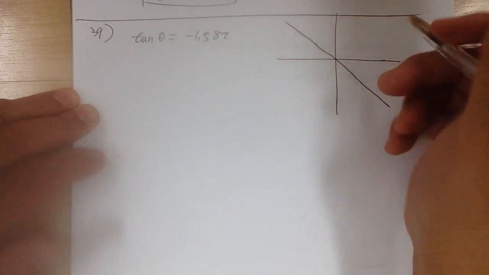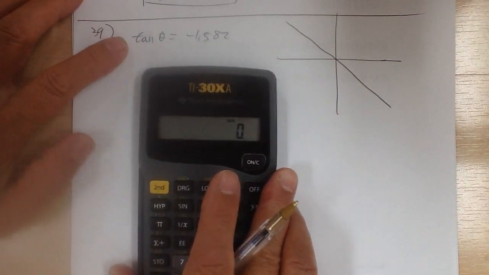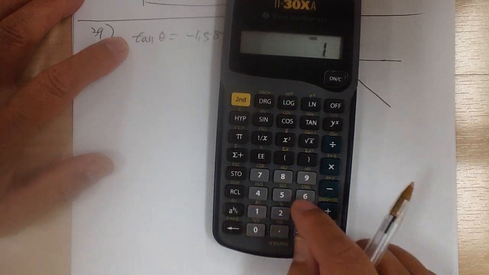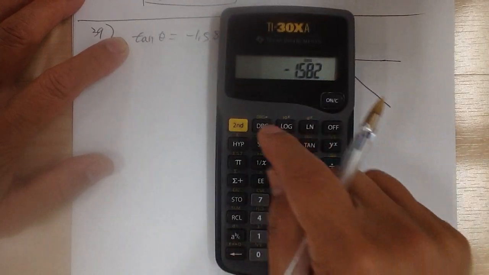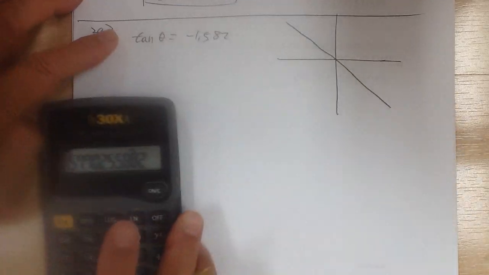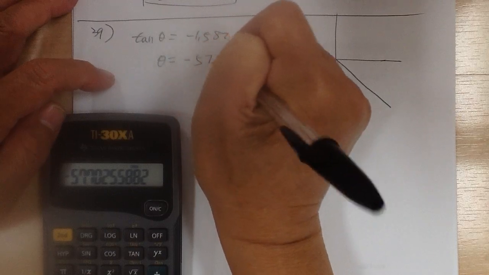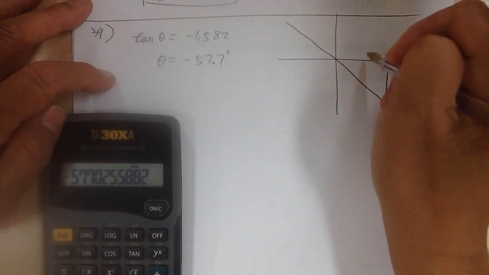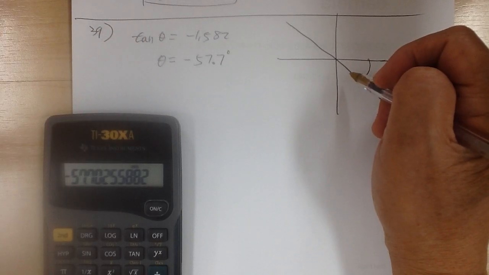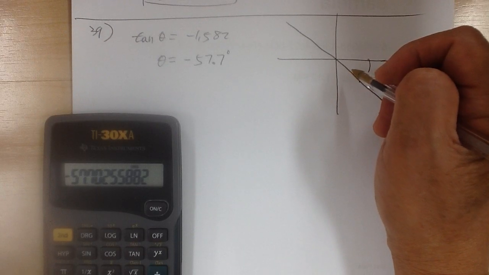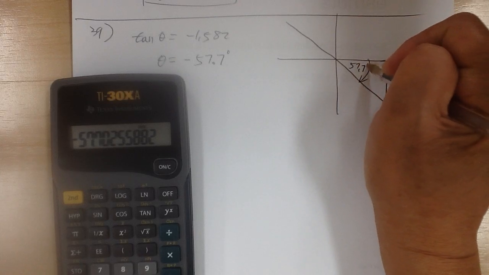So 1.582, negative, you go second tangent. So theta is going to equal negative 57.7 degrees. So that is this one here, because it's going this way. That's why it's negative. So this is 57.7 degrees.